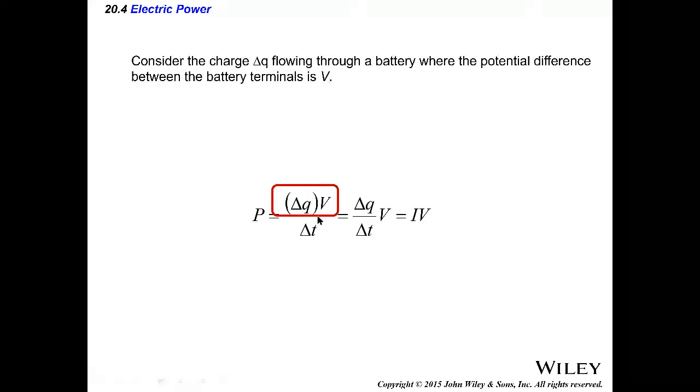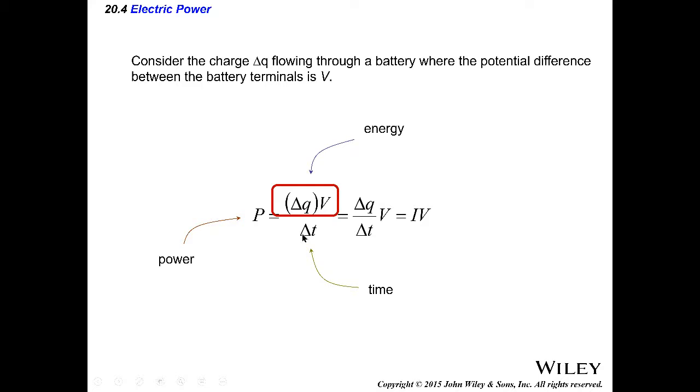Well, the amount of power is, first you say, the energy. And as I keep mentioning, when you have the charge times the electric potential, you're measuring the amount of electrical potential energy that you have in this battery. Well, if that is the energy used, the power is the rate at which you use it.